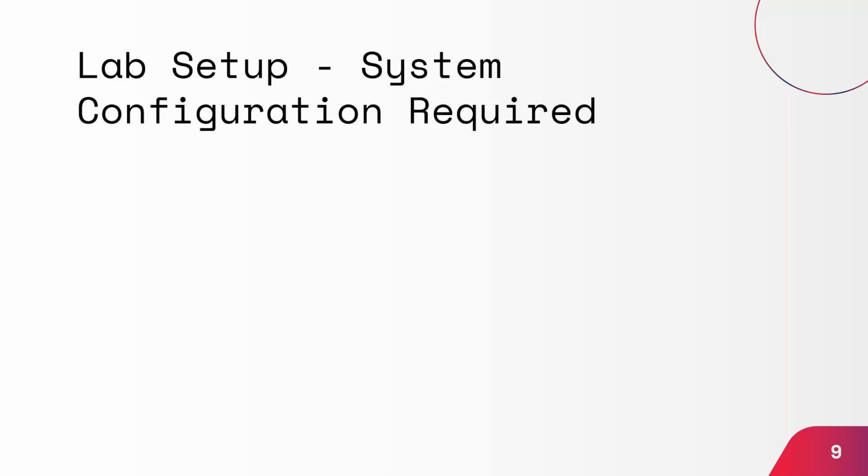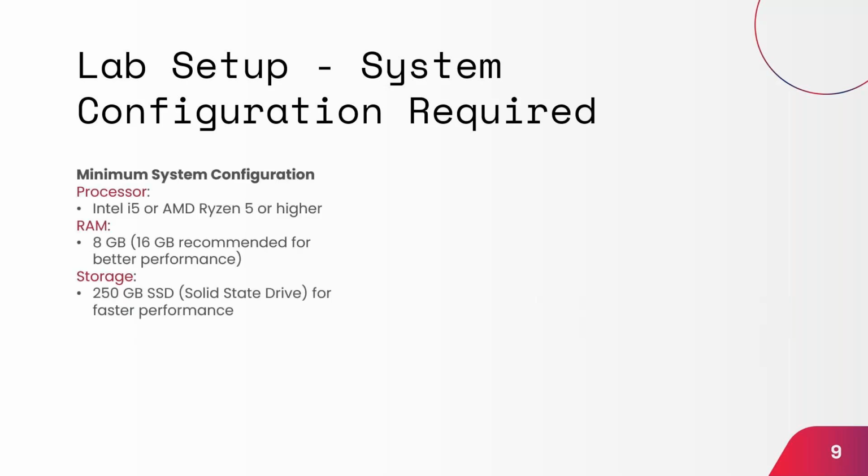To start with, initially, the minimum system configuration is Intel i5 or above. Even if you have AMD Ryzen 5 or higher, that is also fine. At least 8 to 16 GB RAM, and then 250 GB of SSD.